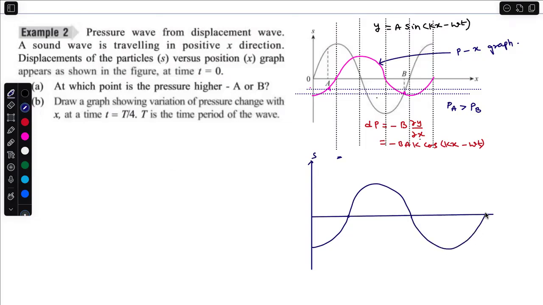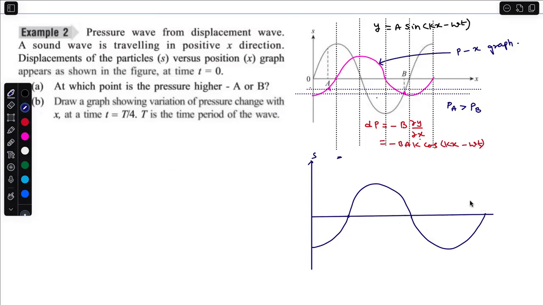This is how your displacement graph is. Agreed or not? Why? Since the wave is propagating in the positive x direction, this is the displacement graph.